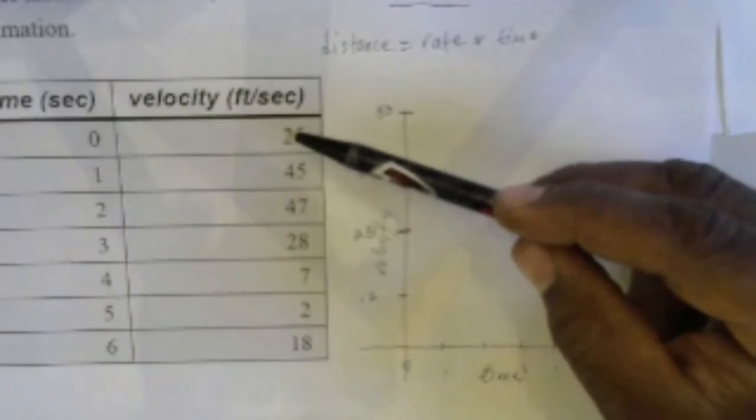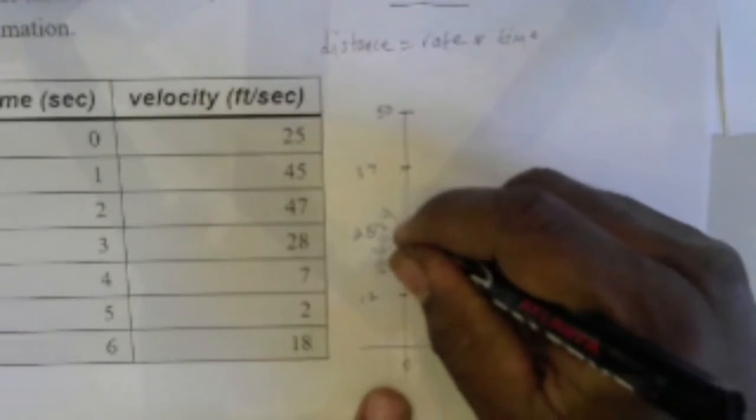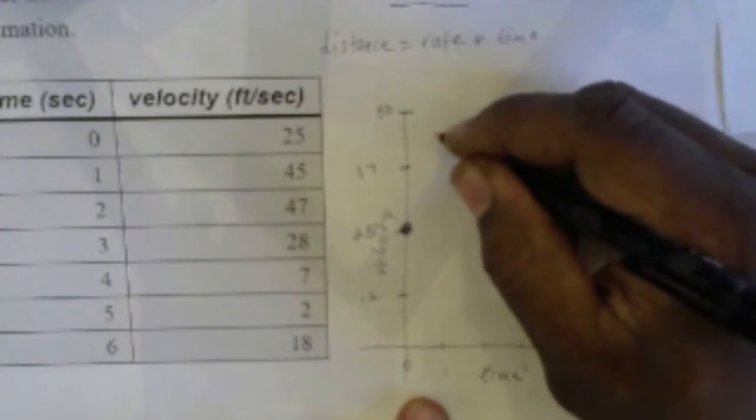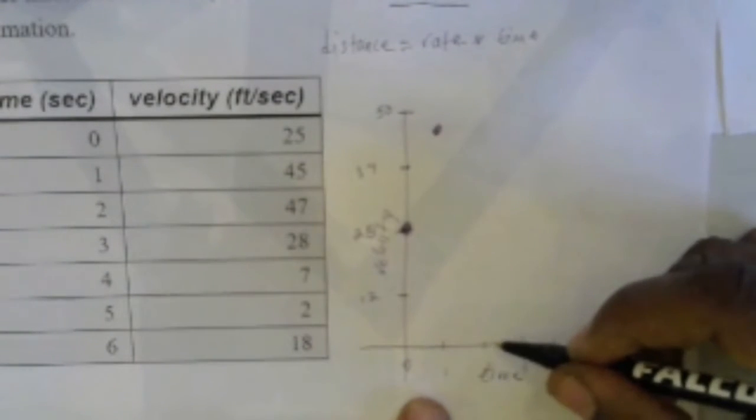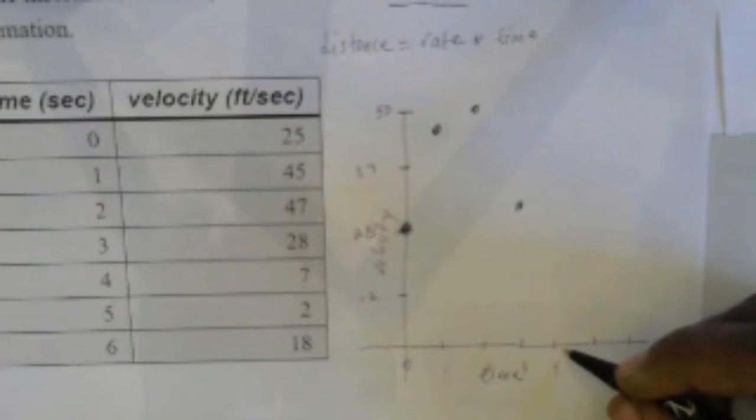So if I were to plot this first point, 0 comma 25, I believe that would be about here somewhere. I'm going to plot my second point, 1 comma 45, which is about here. 2 comma 47, 3 comma 28, 4 comma 7, 5 comma 2, and 6 comma 18.